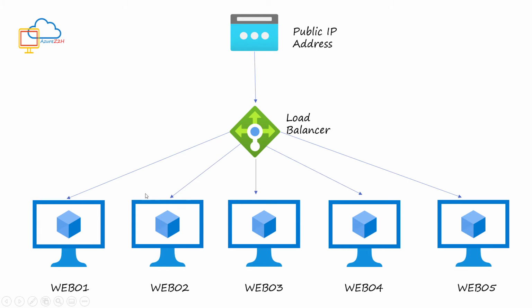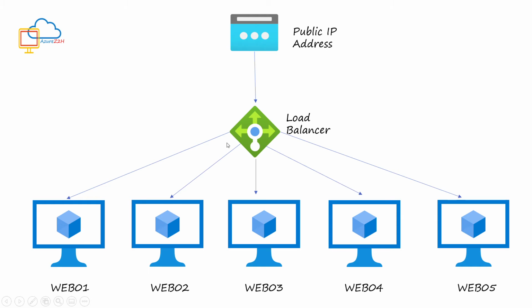So what if this particular node goes down? Then load balancer will detect that this node is unhealthy for whatever reason, and it will not route any traffic to this particular web01 server. If any traffic gets routed here, then those users will get a website unavailable error.